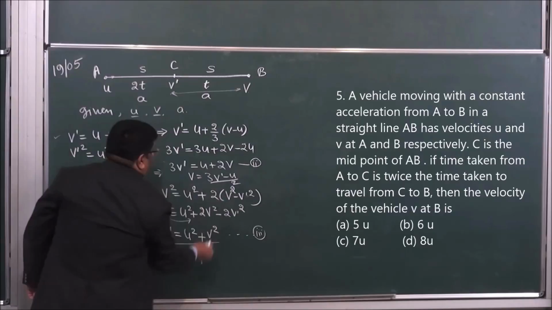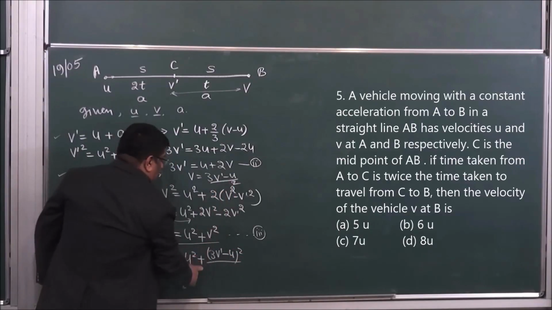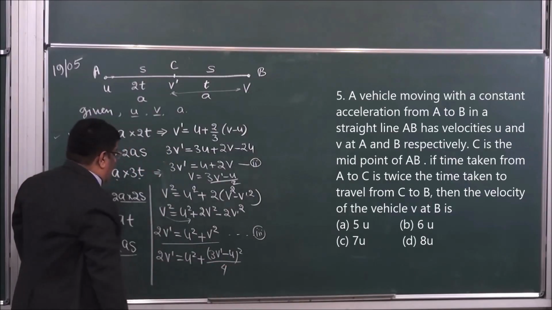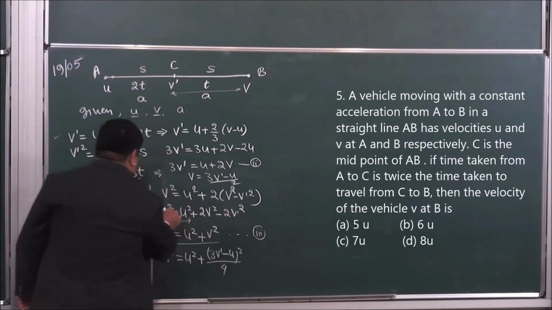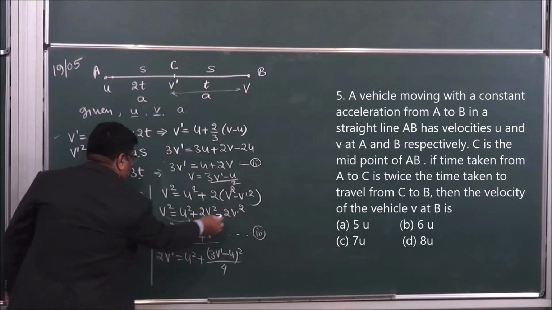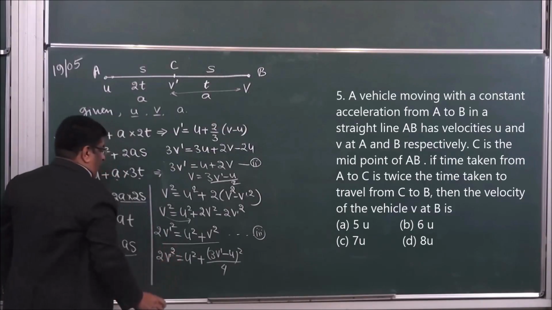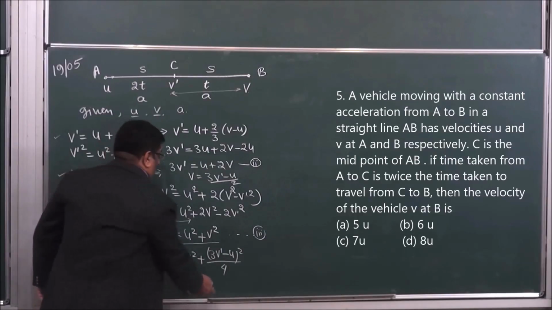What is the value of v? 3v dash minus u square upon 2 square, 4. Okay, this was v dash square. Now multiply all with 4.